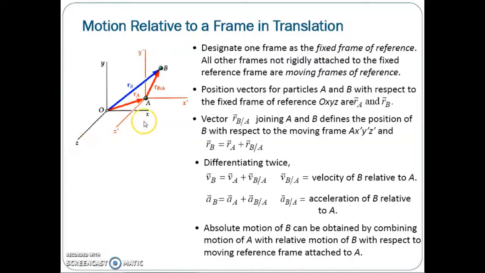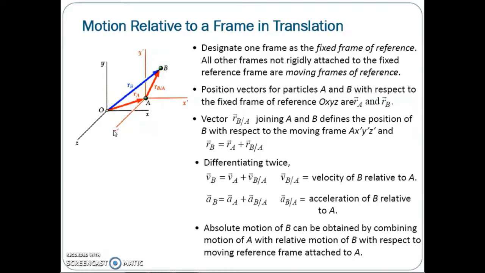So here the vector RBA joining A and B defines the position of B relative to the moving frame A, X prime, Y prime, Z prime.